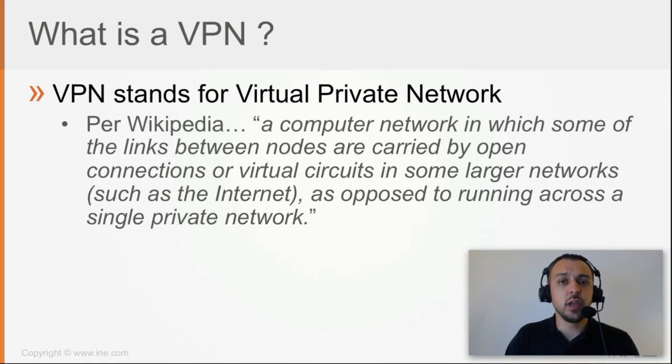For example, if you want to provide connectivity between two sites of your company, or between a remote office and the headquarters, or between a remote user working from an internet cafe and the headquarters, you're not going to have a dedicated leased line, so you need some kind of virtual connectivity so that the users or those two sites can communicate over whatever type of connection is in between.